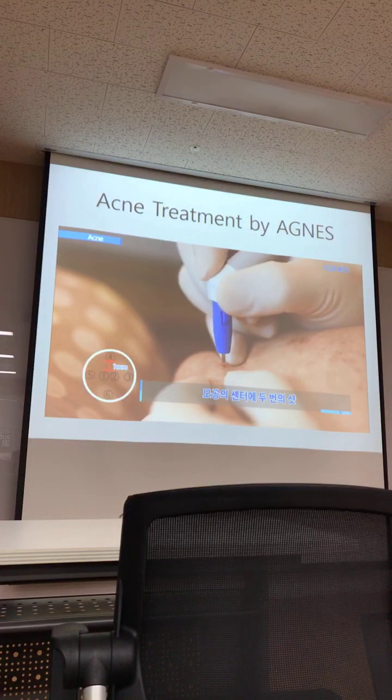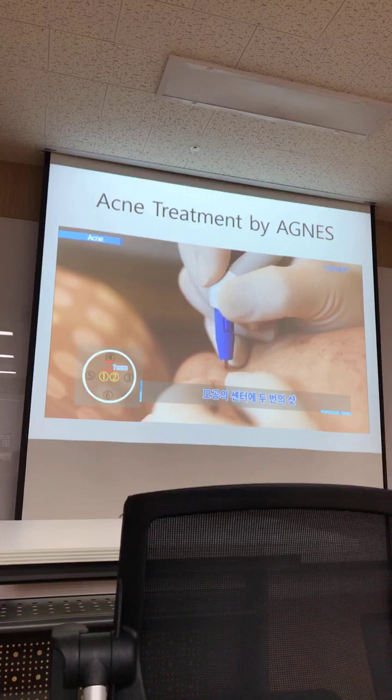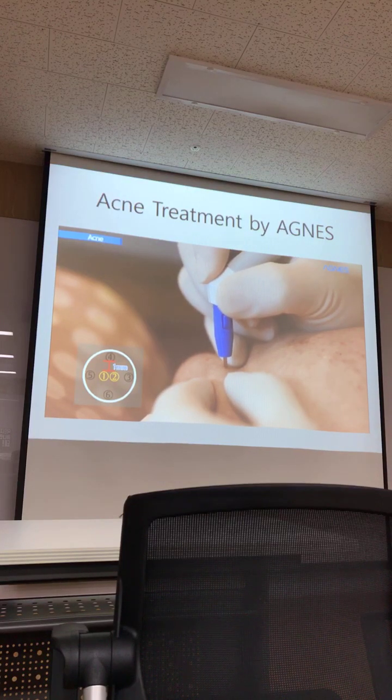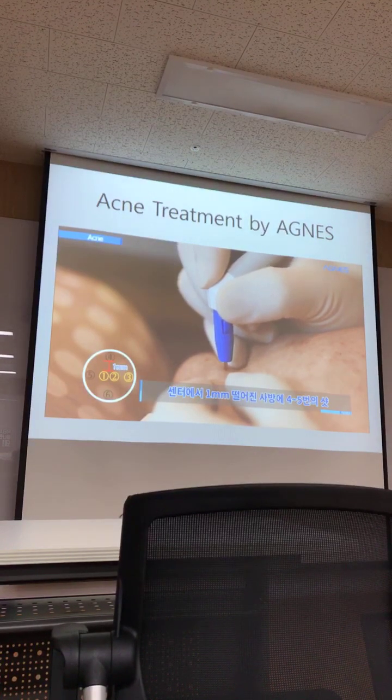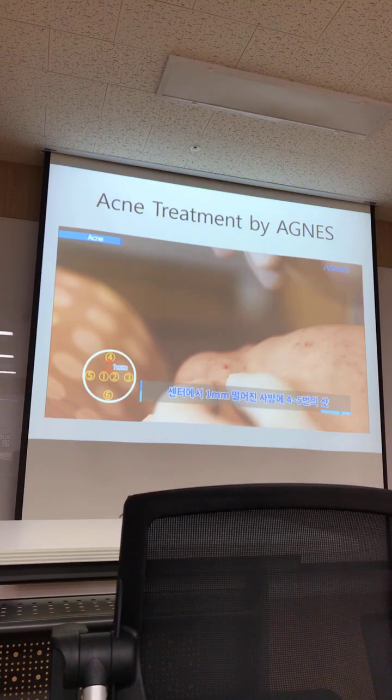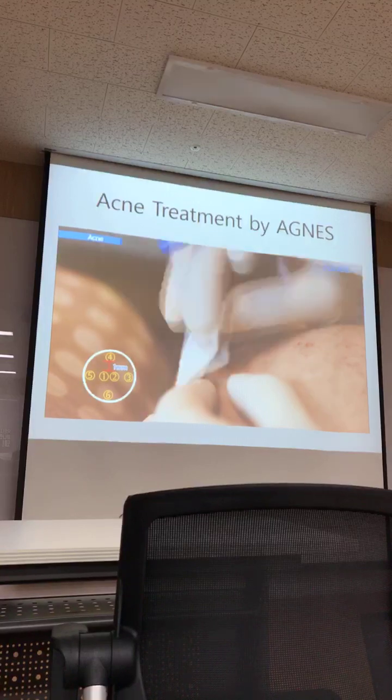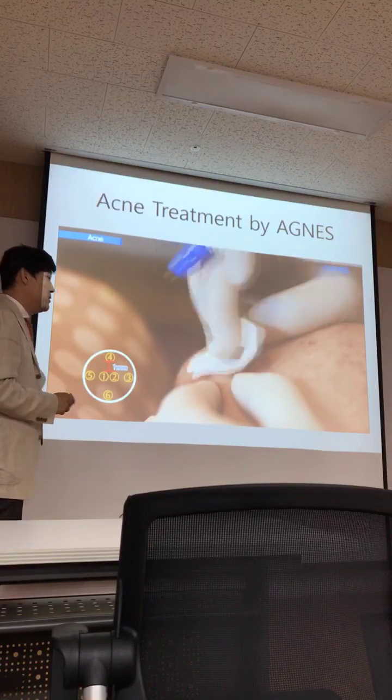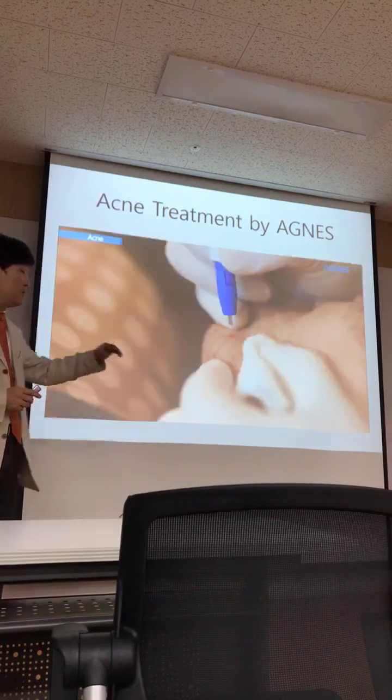The first shot should be inserted into the center, giving 2 shots. Then 1 millimeter apart from the center, 4 single shots. That's it. We destroy the sebaceous gland of this hair follicle.